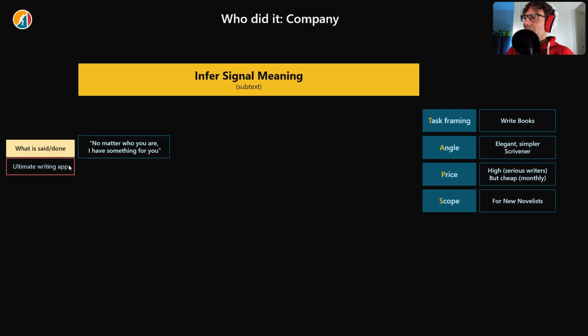If I am selling Ulysses to you and I'm the company and I'm telling you we are the ultimate writing app, I'm also telling you, look, no matter what type of writing you want, I have something for you. You look like a market seller: don't worry, don't go, if you write, I have something. Looks desperate, right? And we don't like that. The subtext of that is not right.